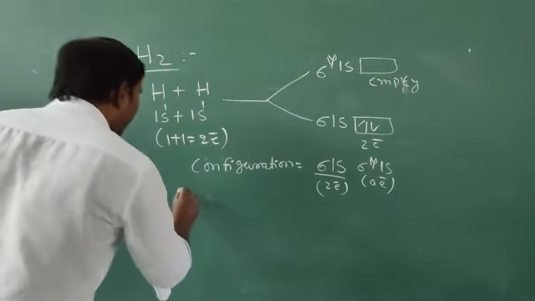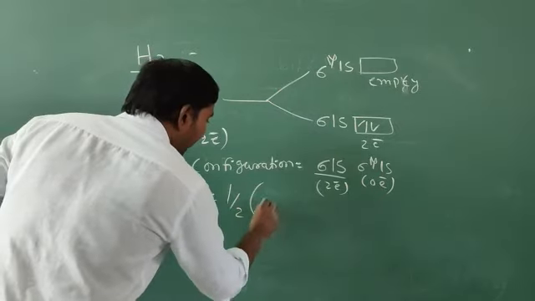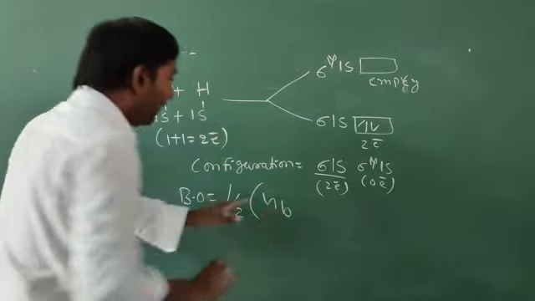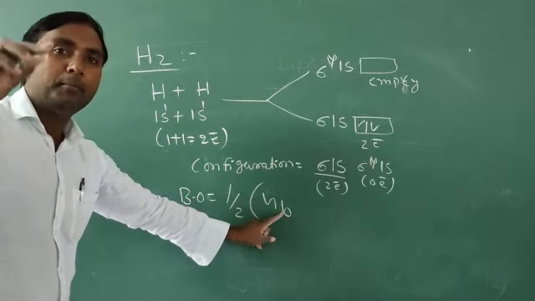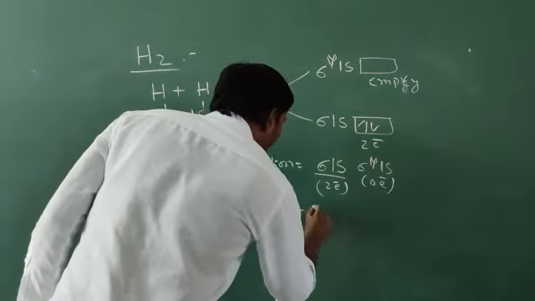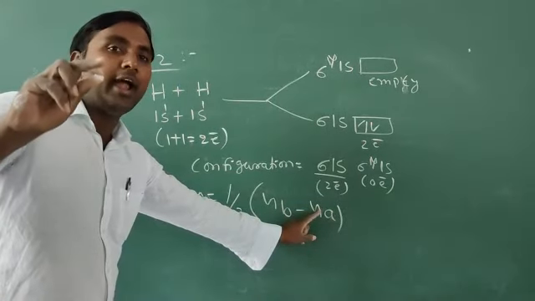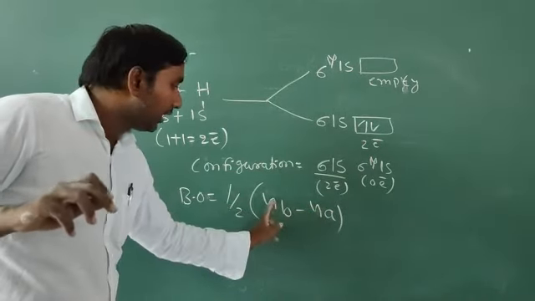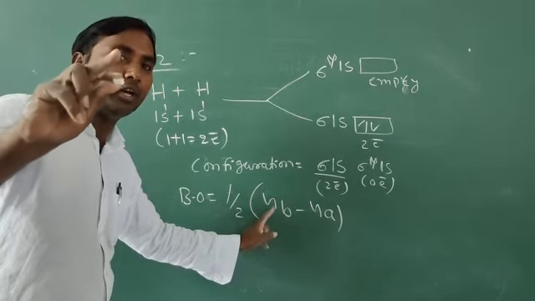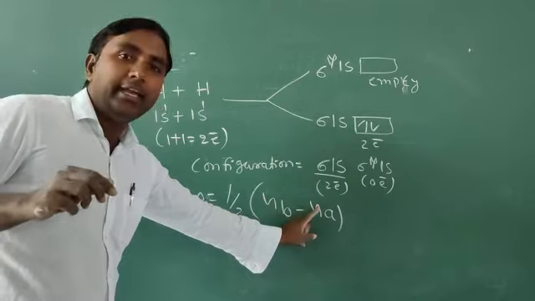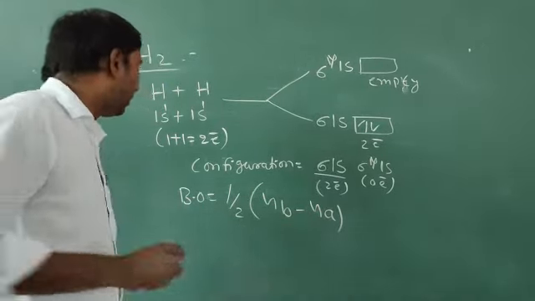Next, bond order equals half of Nb minus Na. Nb means the number of bonding molecular orbital electrons, and Na means the number of anti-bonding molecular orbital electrons.